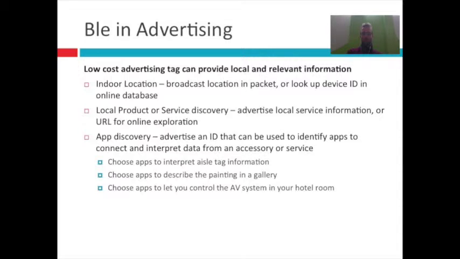For example, choose apps to interpret tag information in a supermarket or a physical store. Choose apps to describe the painting in a gallery, which can be used for applications in museums. Or choose apps to let you control the air ventilation systems in your hotel room or other domotic applications.